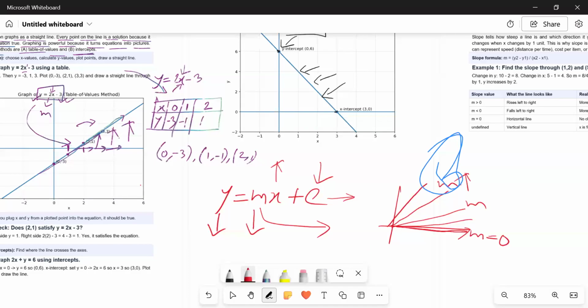If this is m1 and this is m2, m2 is going to be less than m1. Okay, this is how we know. The slope actually tells us for every step taken towards the right for x, how much change I see for y. But this c, what does it tell us?